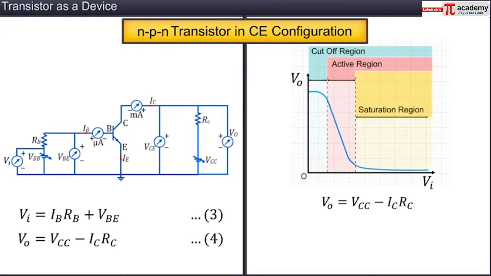Beyond this, the transistor goes into the saturation state. That is, with further increase in input voltage VI, the output voltage further decreases to 0 but never becomes 0. In the saturation state of the transistor, the collector current IC is maximum.